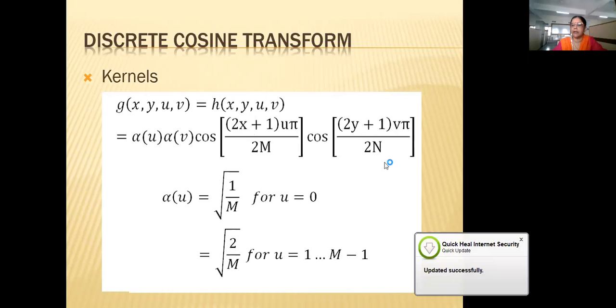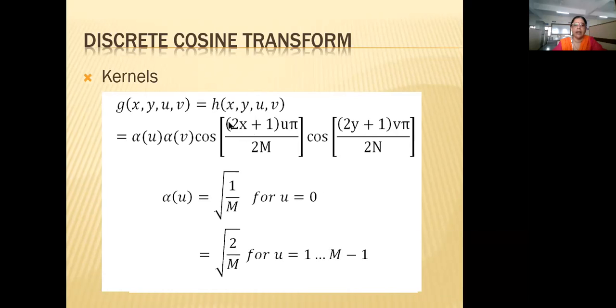At the same time, it gives very good energy packing efficiency. And that's why DCT is very useful in image compression techniques. Because of its simplicity, that is fewer computations, and at the same time superior energy packing efficiency, it is useful for image compression.